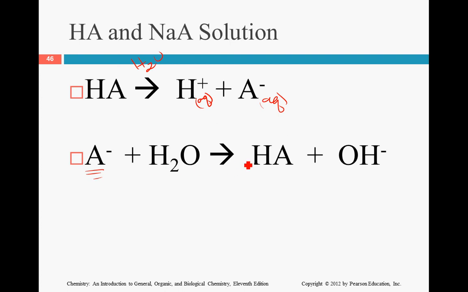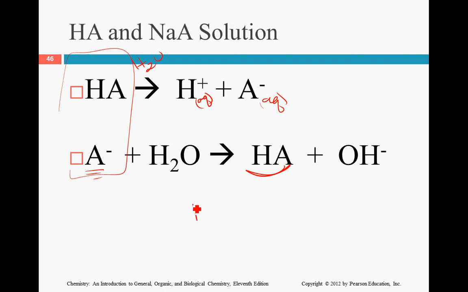Then that hydrogen from the water gets absorbed and we're back right here again. So we're adding both of these to a solution at the same time. What that does is it gives the ability, when we add either an acid or a base to the solution, for the impact to be absorbed.